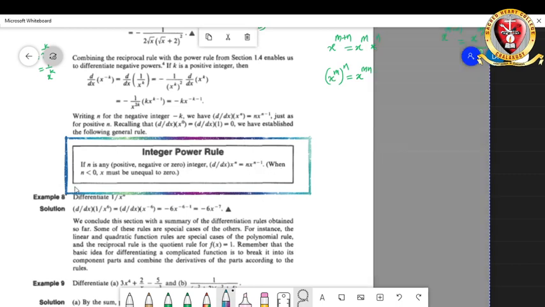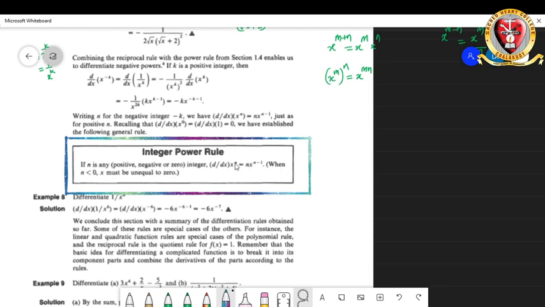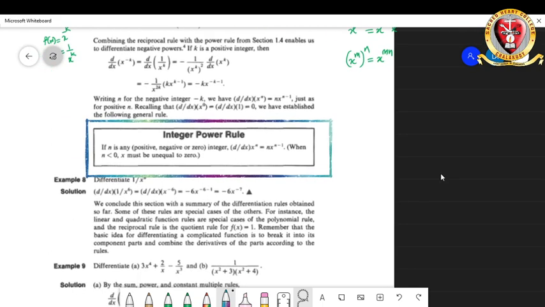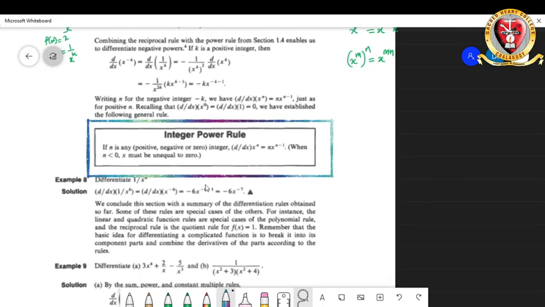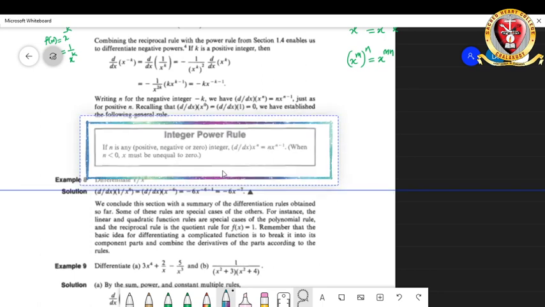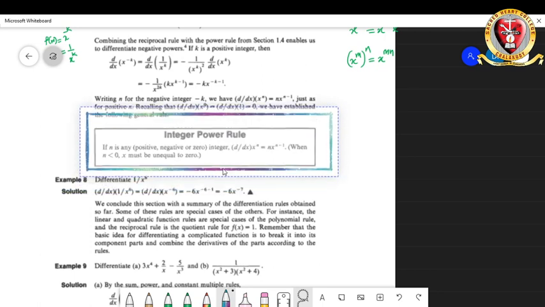So when n is strictly less than 0, that means you are taking negative values, x must be not equal to 0. So that is the only condition which is given. So the first question is, this is the one which we had already proved, but it is actually derived from the reciprocal rule as we said earlier. So we can in general say for any positive, negative or zero integer.